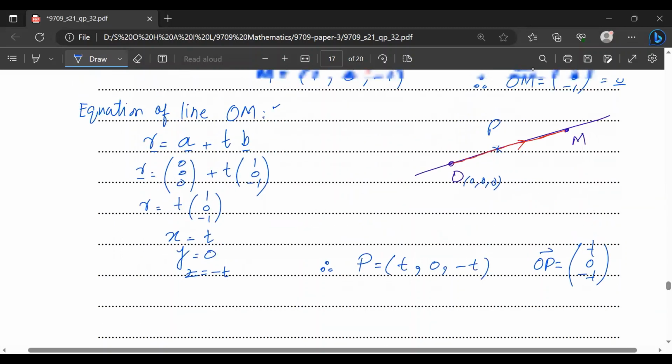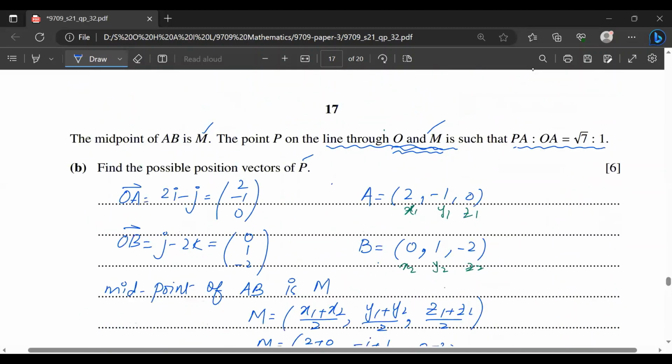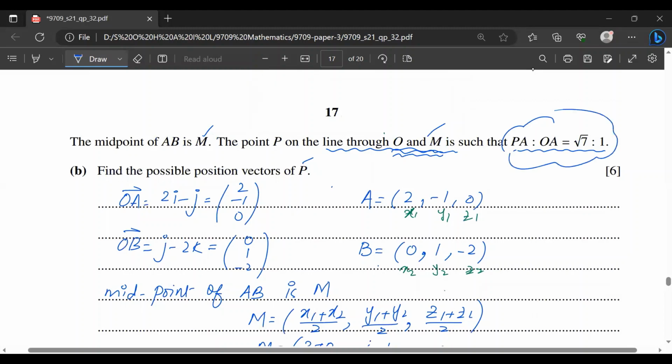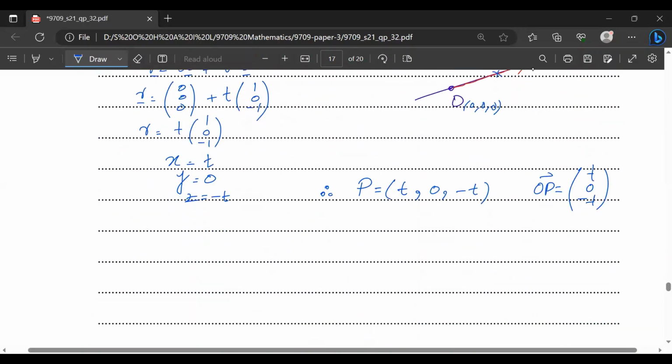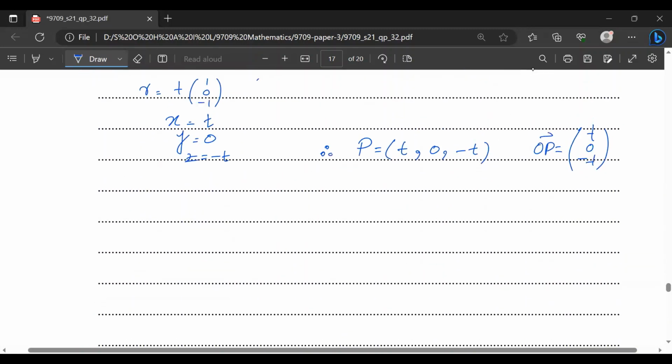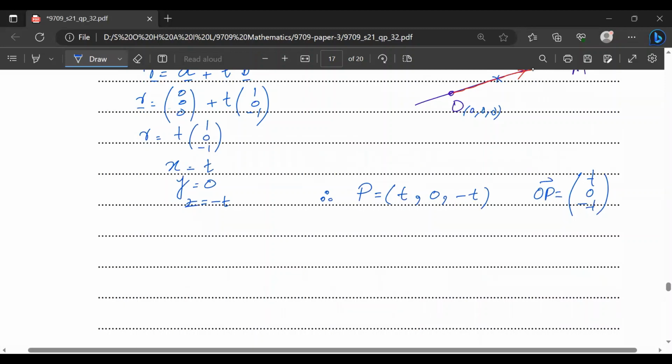So why we need this? Because in the condition we have the ratio PA to OA equals root 7 to 1. So OA length is given, but PA length is not, so we need to find PA vector first. So P is there, and point A is already there. So next, find PA vector.